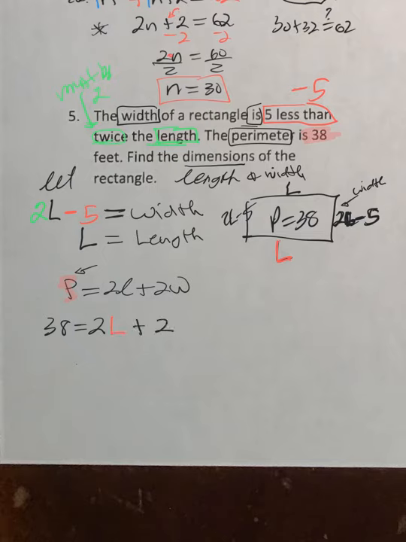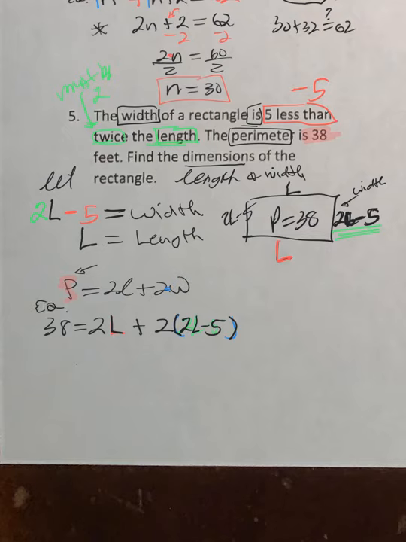And then for the width, right, we have to put 2 times, because remember this means times. And notice the width is 2L minus 5. Right? And then that's our equation. And so maybe we go back and just put it in black so it doesn't look, sometimes all of the color makes it difficult. So that's going to be our equation.